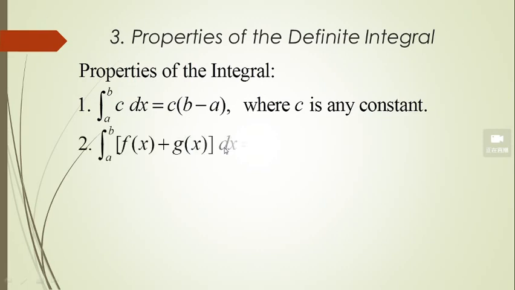That is number one. Second one: when we take the definite integral of the sum of two functions, that means you take the definite integral for each. Actually, this is very similar to the differentiation part. If you take the derivative of f(x) plus g(x), you take the derivative of f and g separately.